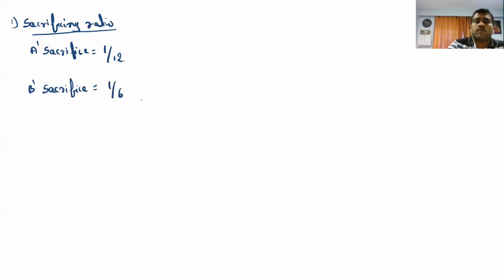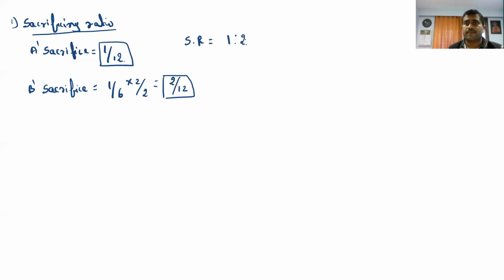So we are taking the LCM of 1 by 6 and 1 by 12. So 6 has to be converted into 12. So 2 by 2. So here it comes 2 by 12. And here it is also 1 upon 12. So what is the sacrifice ratio? 1 is to 2.